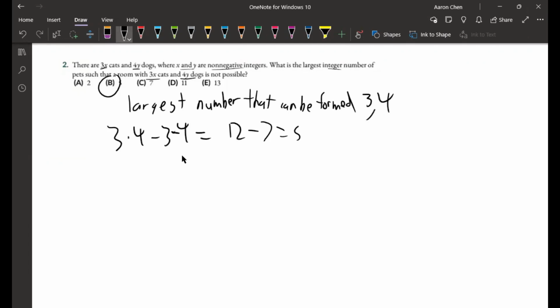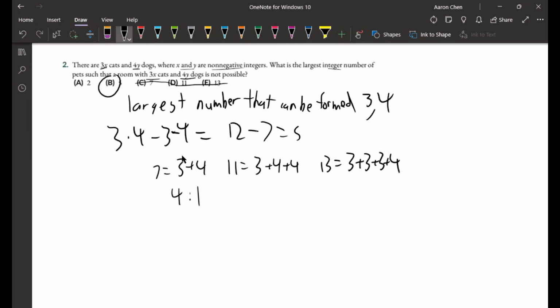Another way you can do this is just to test. 7 is 3 plus 4. 11 is 3 plus 4 plus 4. 13 is 3 plus 3 plus 3 plus 4. And so C, D, and E all do not work. For B, if you have a 4, then you need a 1, and that doesn't work.